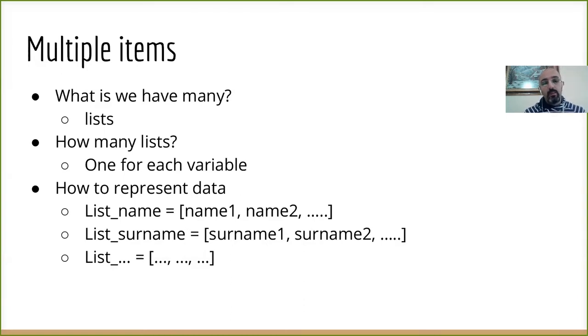So for each of these characteristics, we will have a list of values representing respectively the name, the surname, the birthplace, the birthday, etc. So we might have one list for each attribute.